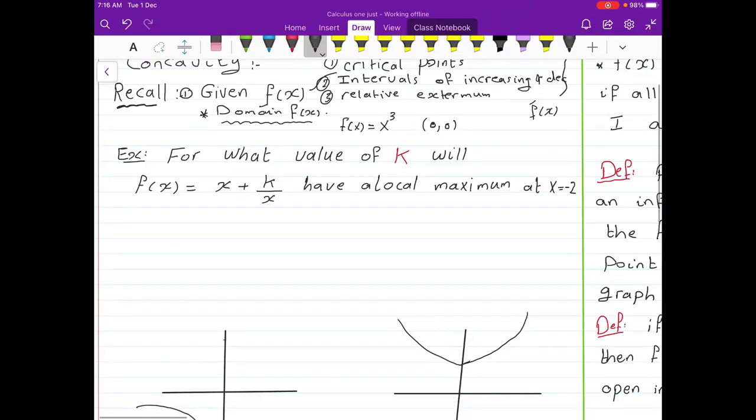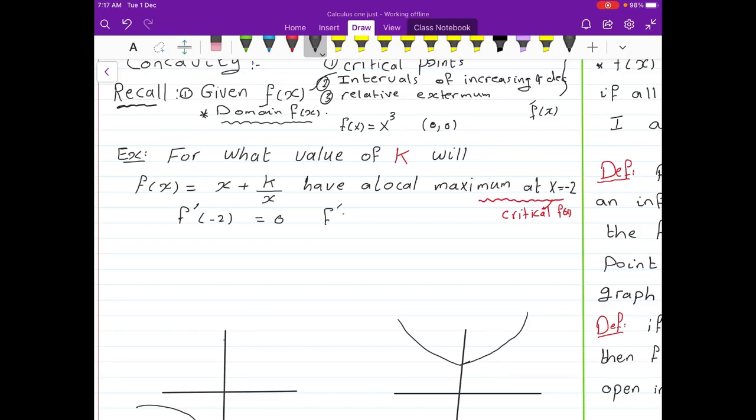For example, for what value of k will f(x) have a local maximum at x equal -2? Since the function has a local maximum at x equal -2, that means -2 is a critical number for the function f(x). Since it is a critical point, that means f prime of -2 equals 0.